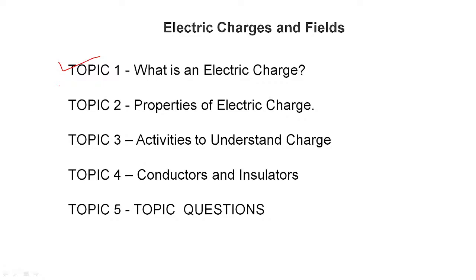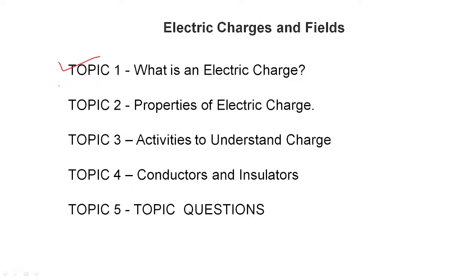The word electricity comes from the Greek word electron. There are two types of electric charges: the first one is positive charge, the second one is negative charge. When an object has a positive charge, it means that it has more protons than electrons, right?